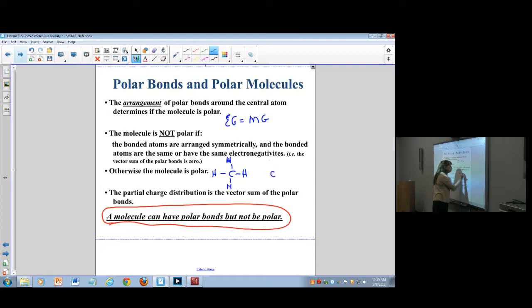But if I change this to a carbon with, say, 1 chlorine on it, even though the molecule is still tetrahedral, this outer atom has a different electronegativity than hydrogen, and so this is polar.